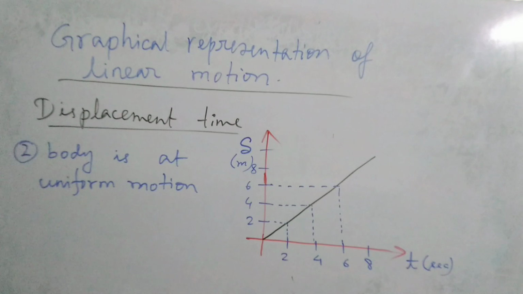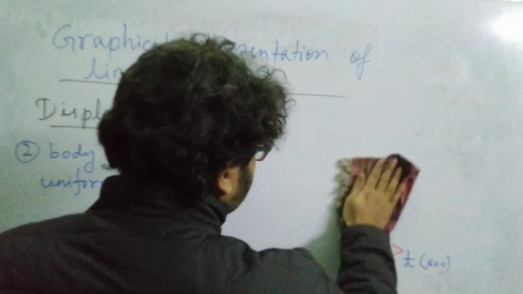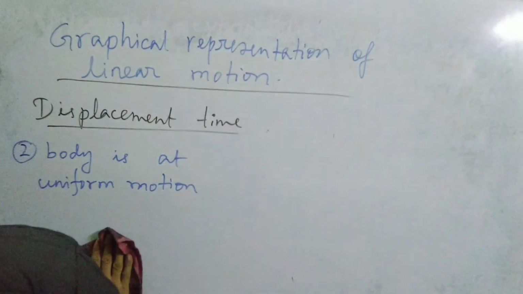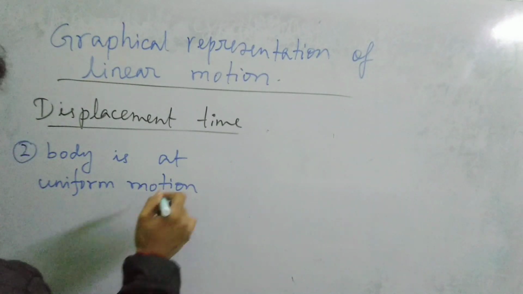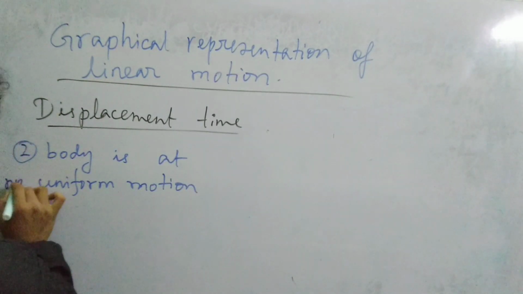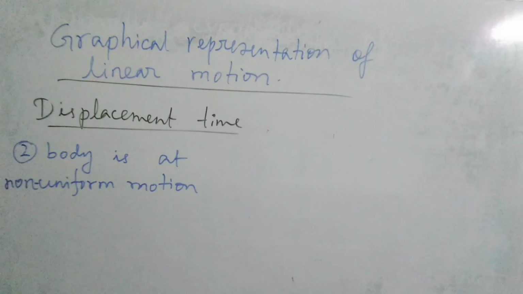Now if I consider non-uniform motion, you have noticed the first case, this is the second case, and the third case we will be considering is non-uniform motion. So when the body is in non-uniform motion, what will be the nature of the graph?